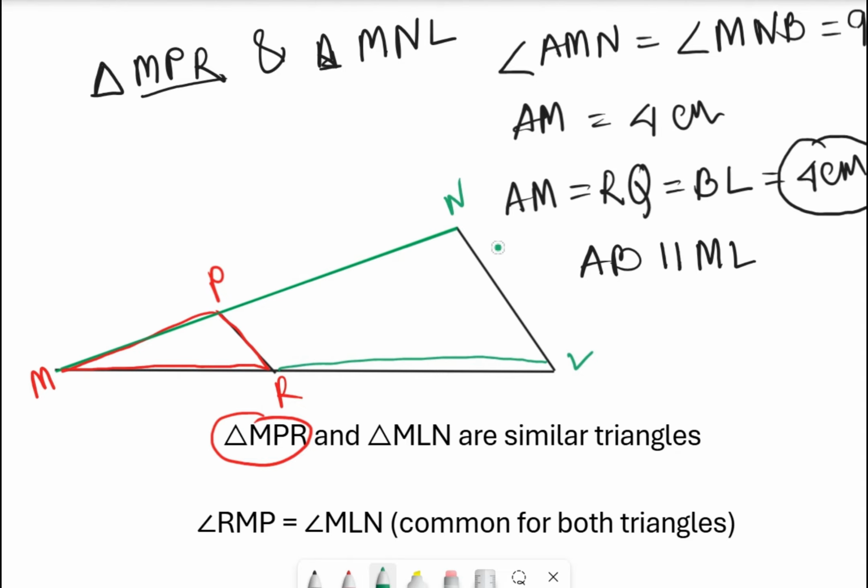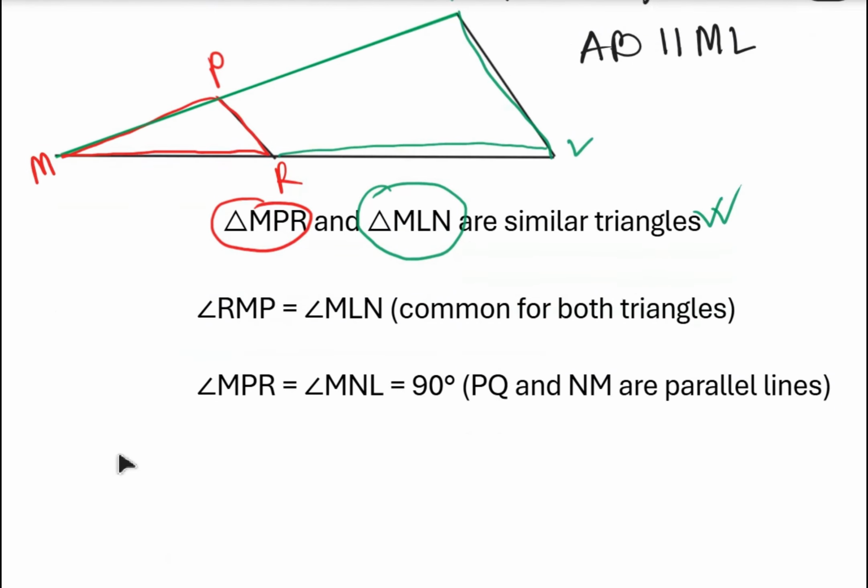So this triangle MLN and triangle MPR are similar triangles. Why are they similar?